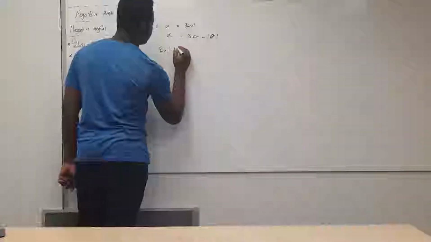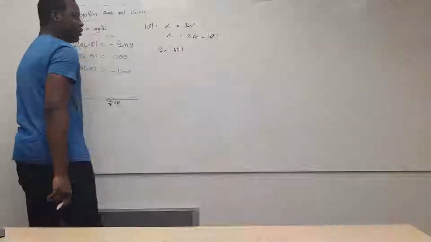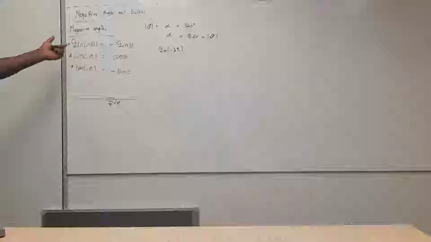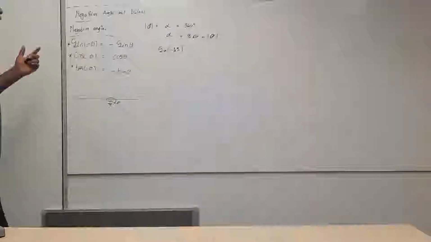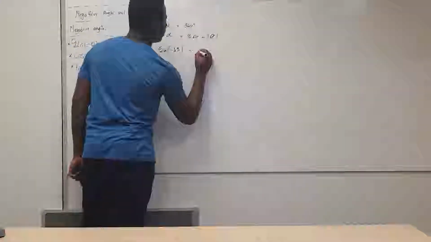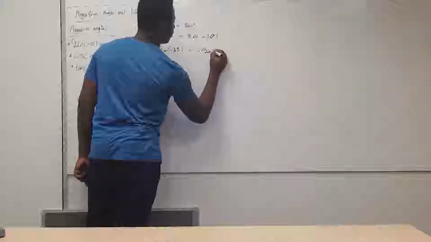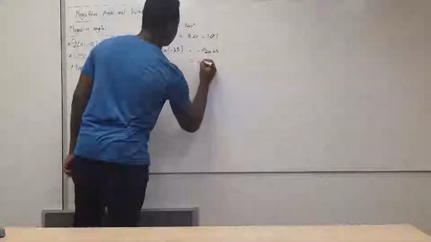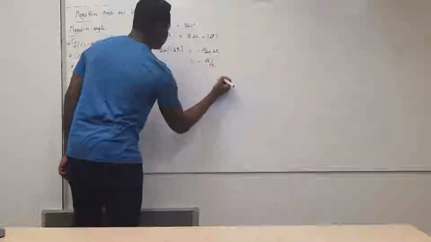There are two ways we can do it. We can do it normally using this identity: sine of a negative angle is equal to negative sine of 45, and that's equal to negative root 2 divided by 2.